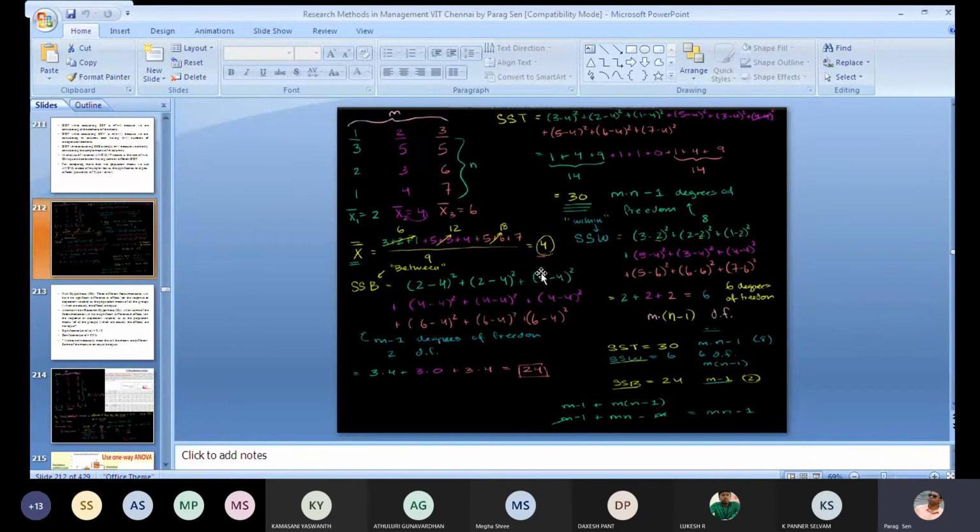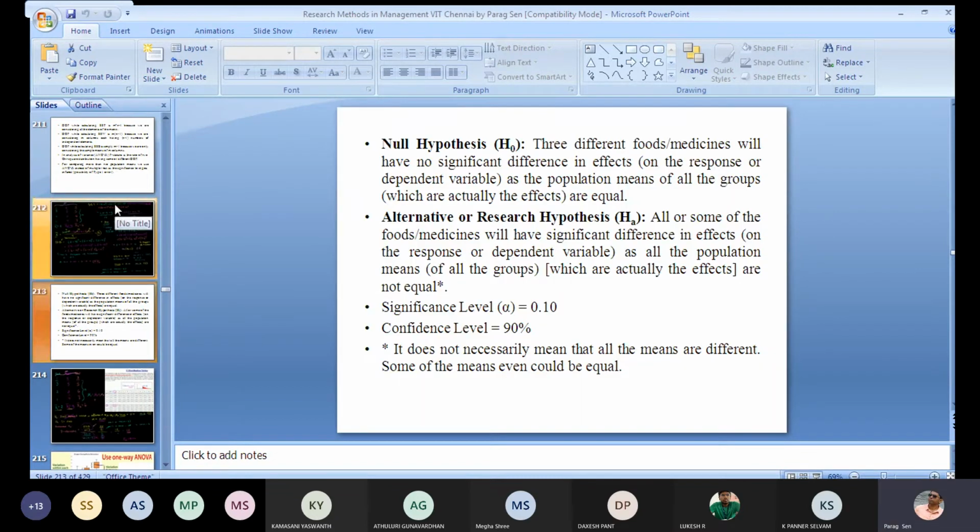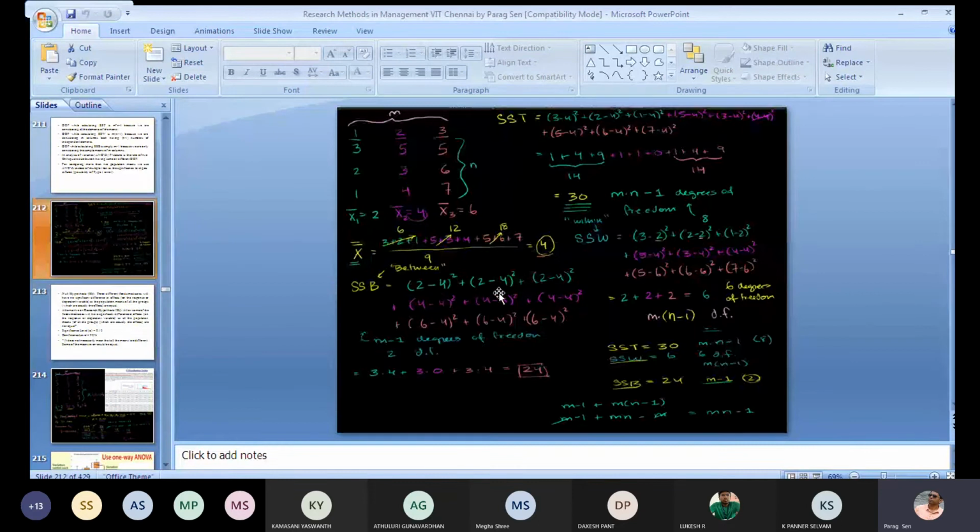Now you are going to calculate the total sum of squares first.